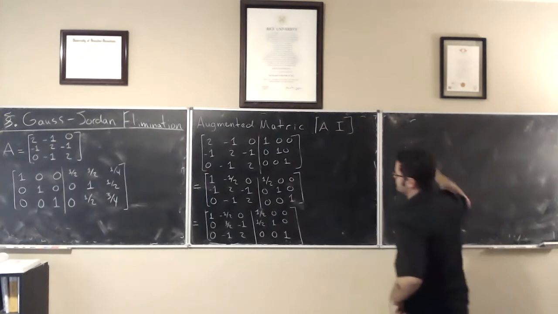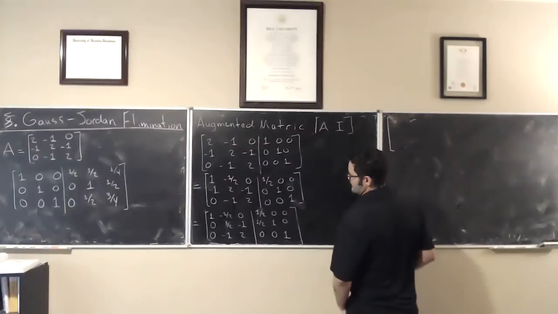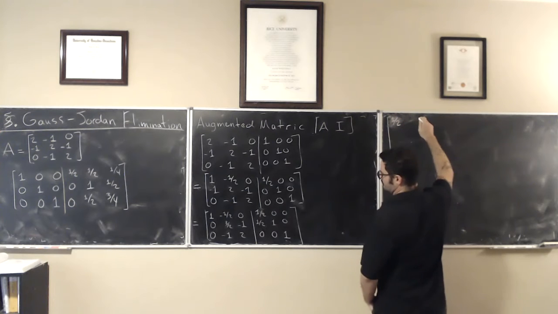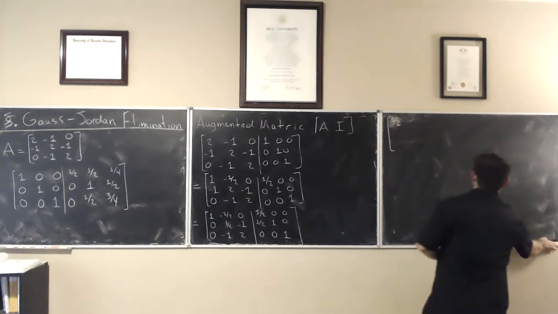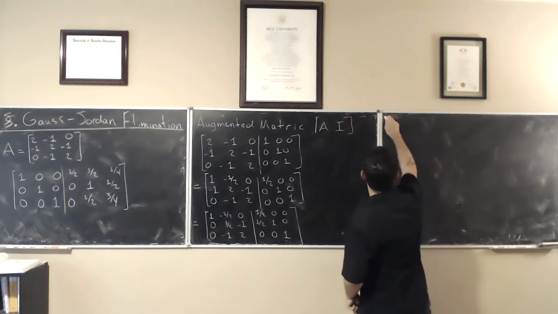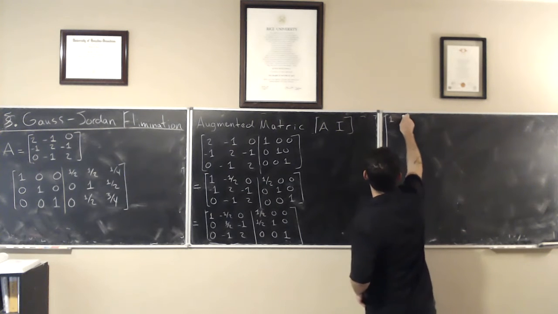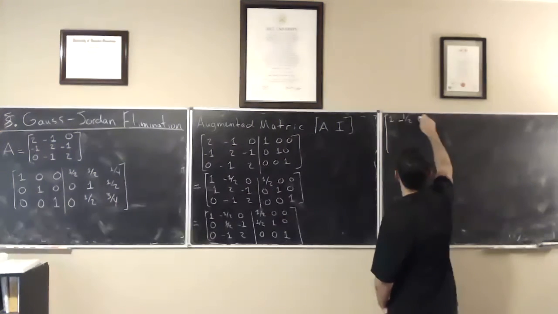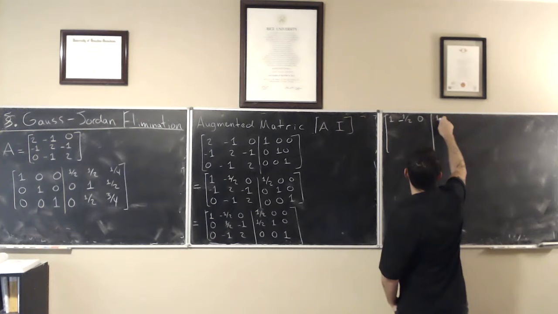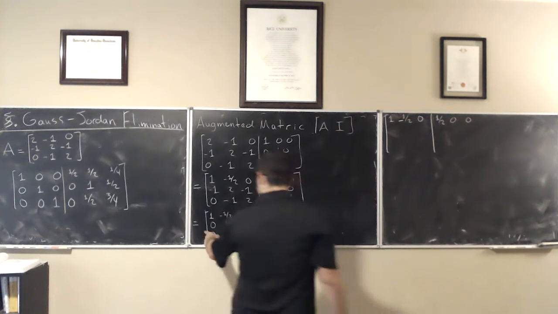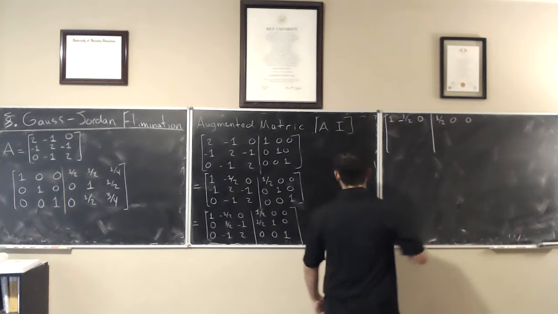Okay, I'm moving. Okay. So now, it's too blurry up there. Okay. So 1/2, minus a half, 0. 0, 0. Now I'm just going to multiply this row by 2/3.